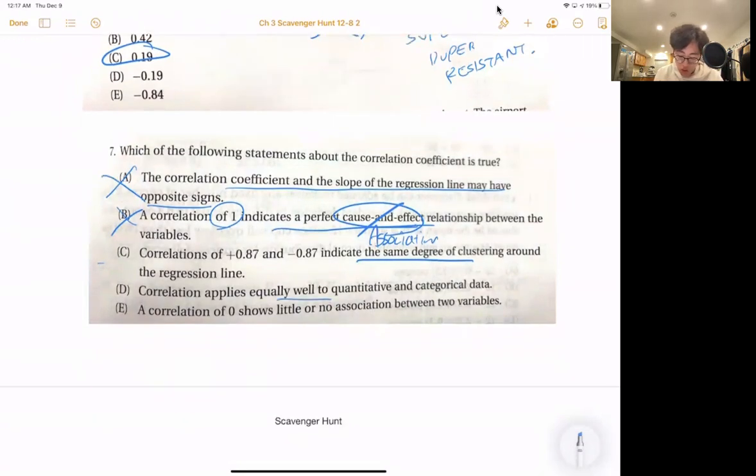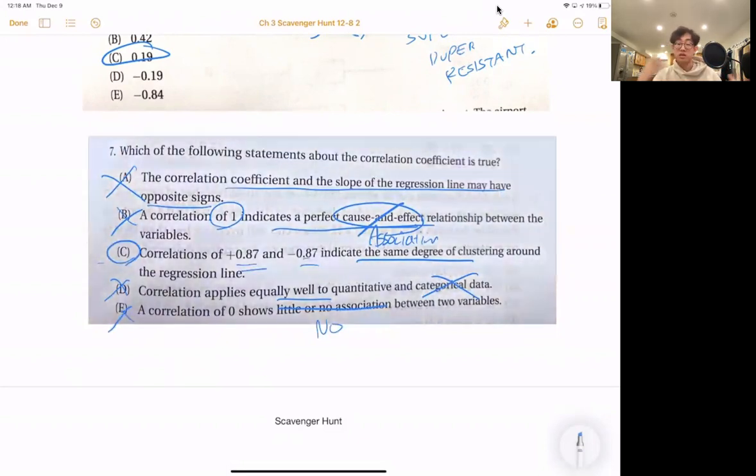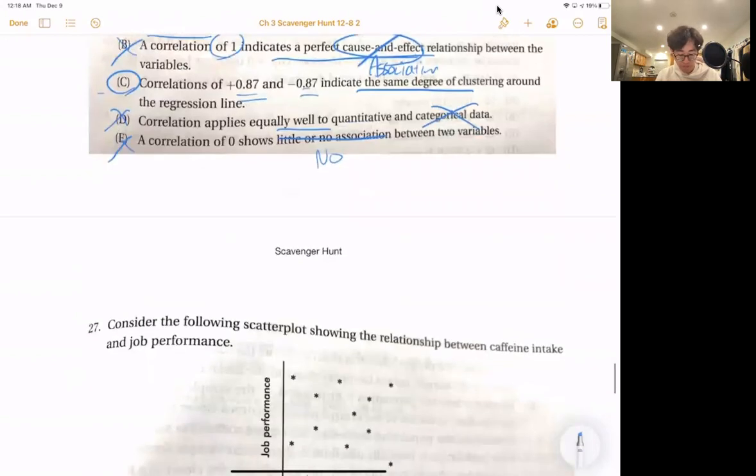D: Correlation applies equally well to categorical. You don't want to apply this ever. It always has to be measured in terms of numbers. E: Correlation of 0 shows little or no association. No, that's not true. It simply means straight up no association whatsoever. So the correct answer here is C. They do indicate the same degree of clustering because the strength is the same. It's just that the direction is different.